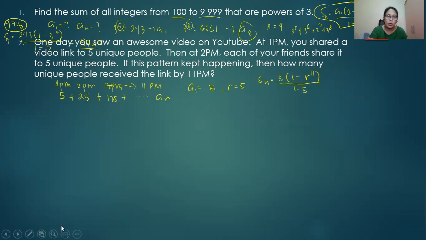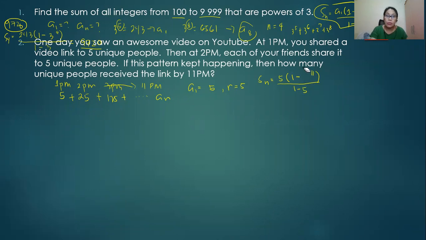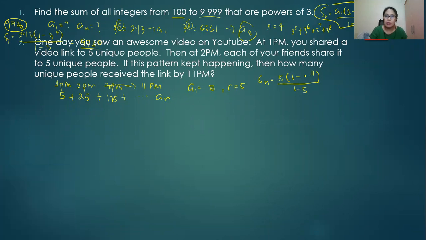Let me place the value of r, 5, here. Evaluating the expression on the right side of the equation, we come up with, imagine, 61,035,155 unique people receiving the video link.